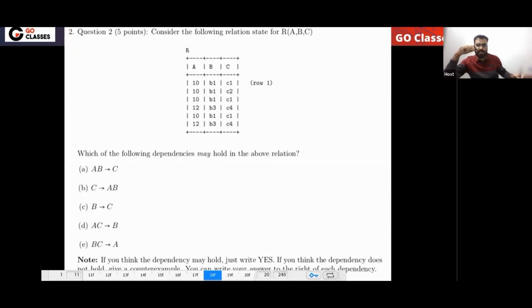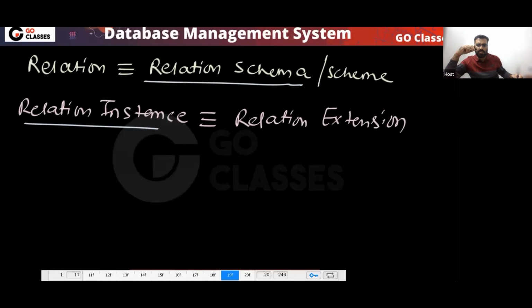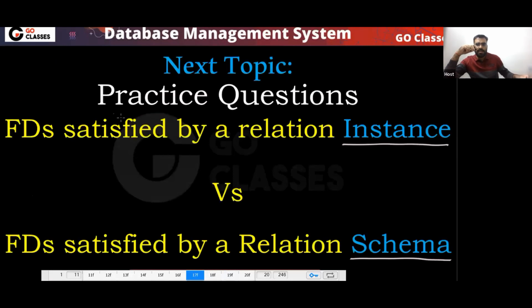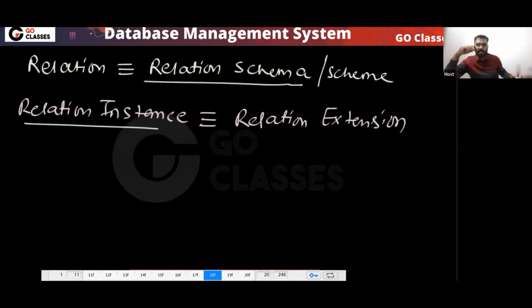This is your topic: a functional dependency satisfied by a relation instance and a functional dependency satisfied by a relation schema. Tell me a simple thing.